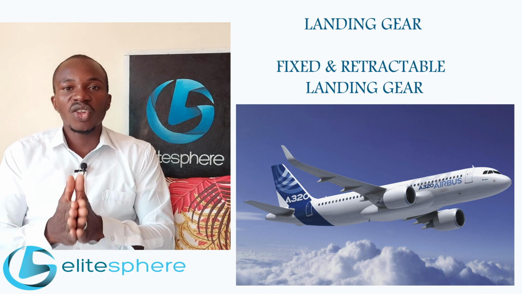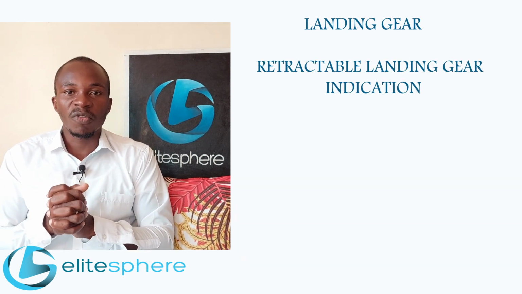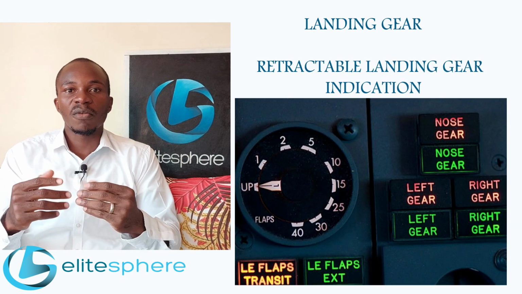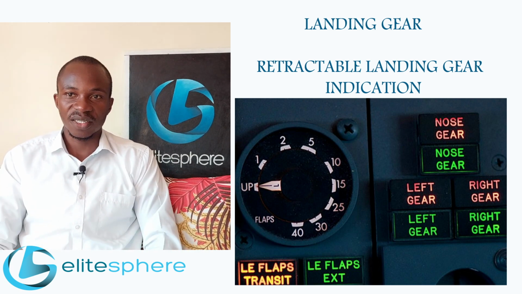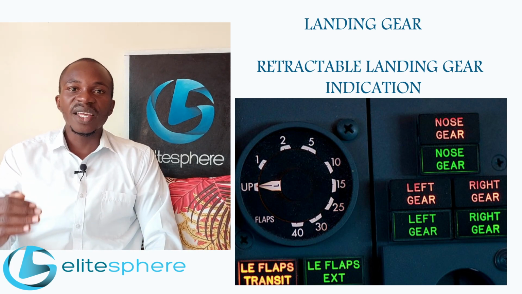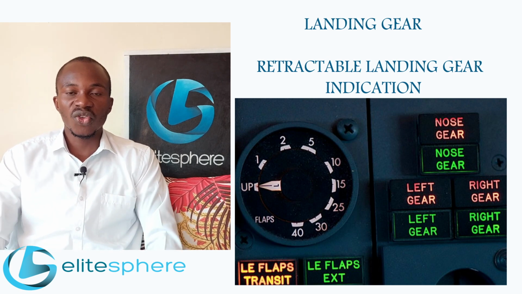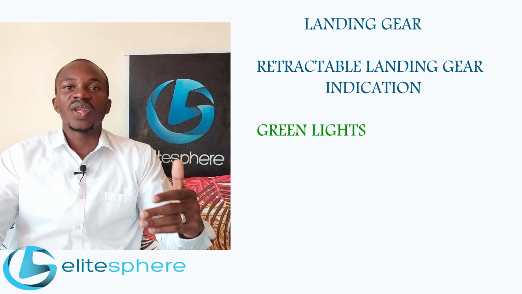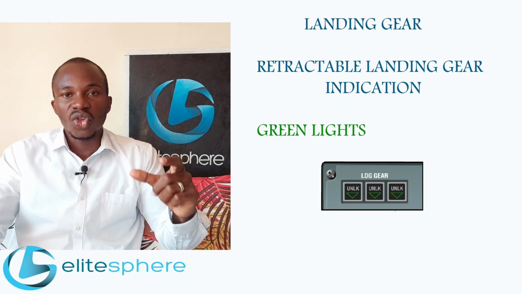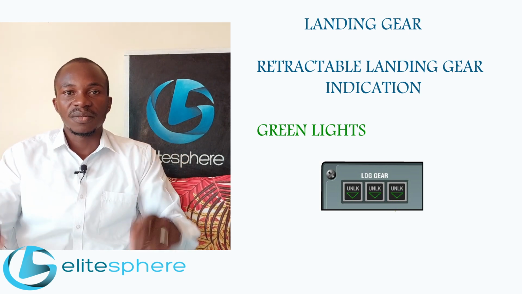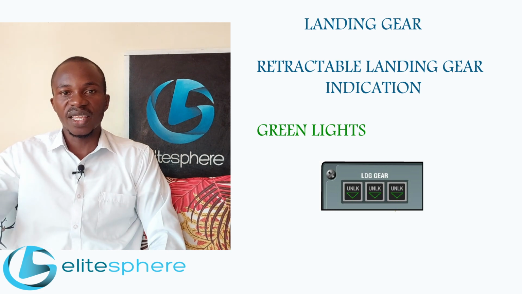The landing gear indication in the cockpit provides a means for the crew to monitor the position of the landing gear during flight. When the landing gears are locked in the extended position, the landing gear indication shows the position of the landing gear by showing green lights, specific to each landing gear.